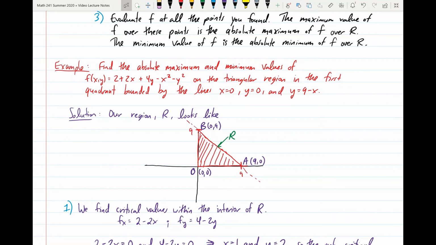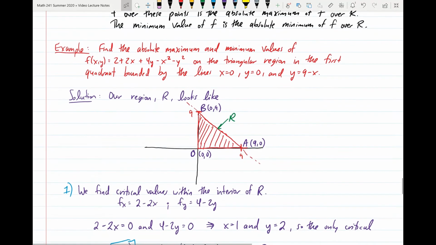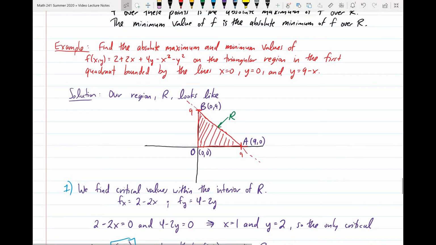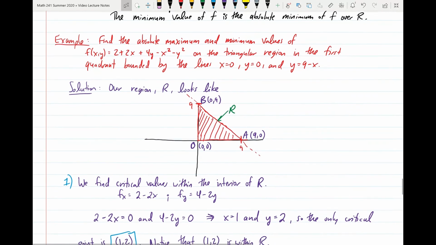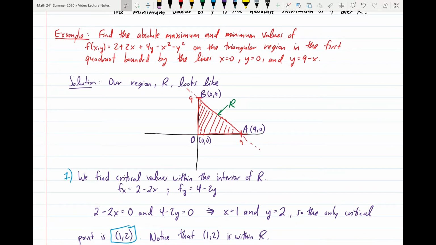When you're given a problem like this, the best thing to do right away is probably just sketch what that region R is going to look like. In this case, our region, which I'm going to call R, looks like a triangle in the first quadrant.